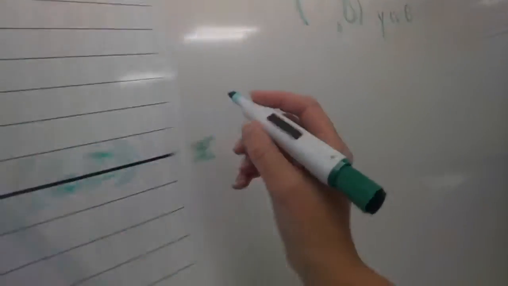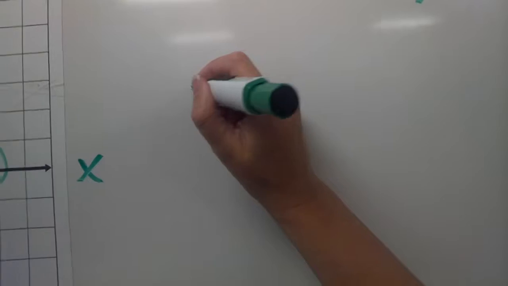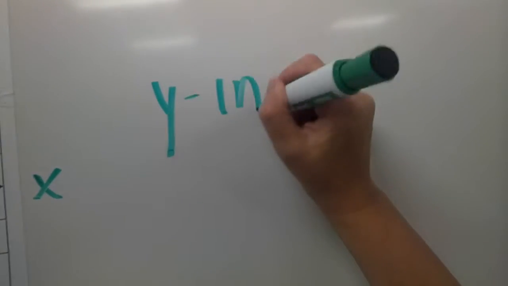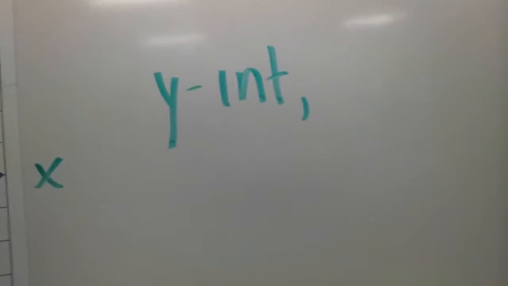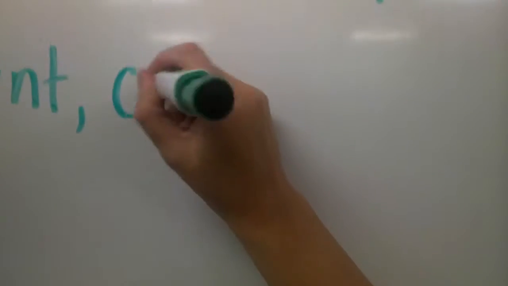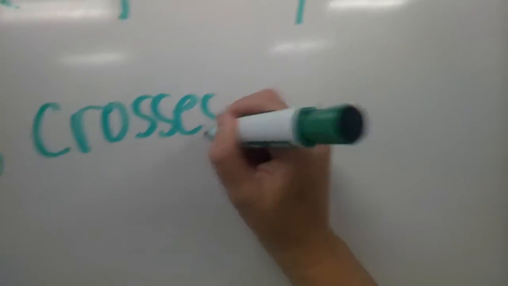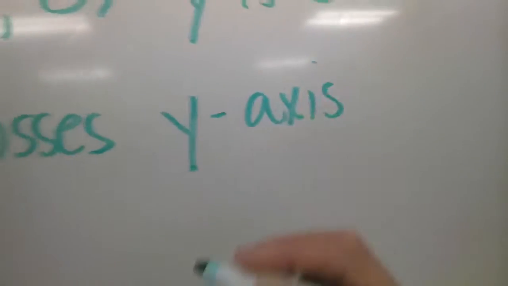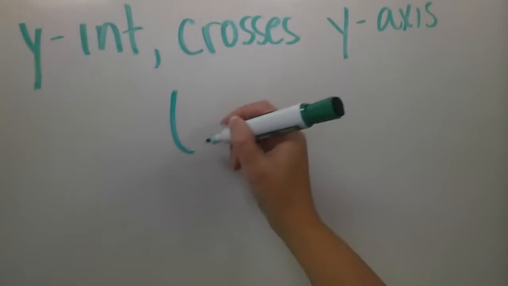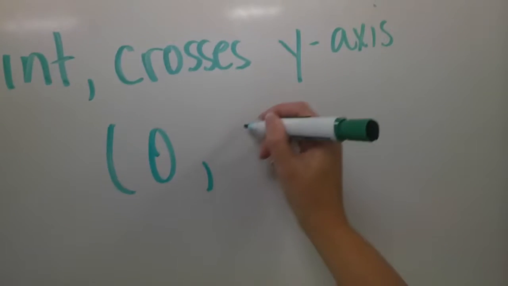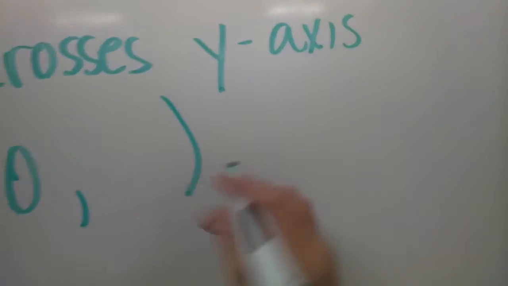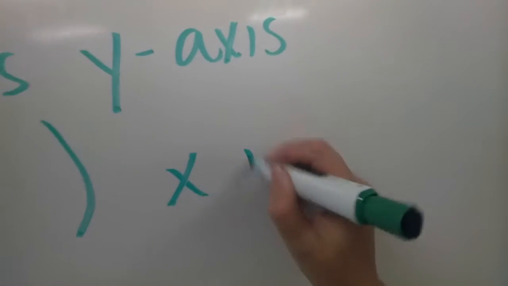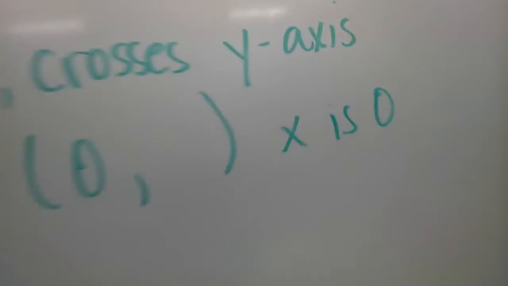So our y-intercept, which I'm abbreviating int, crosses the y-axis, and its ordered pair is 0 wherever it crosses. So x is 0.